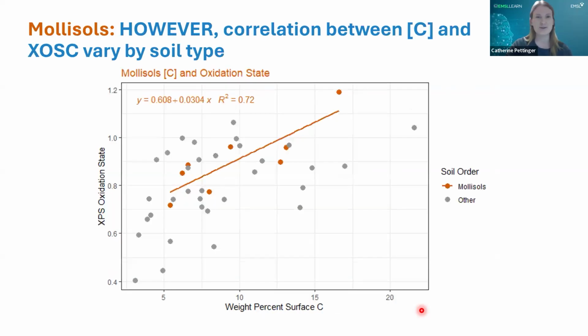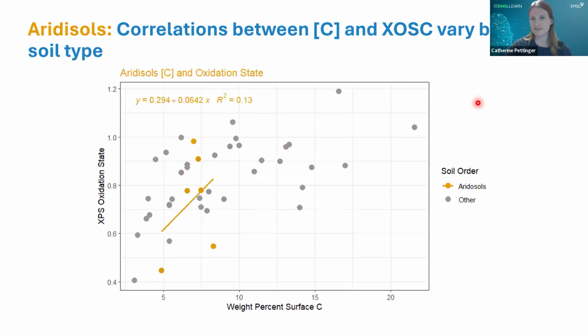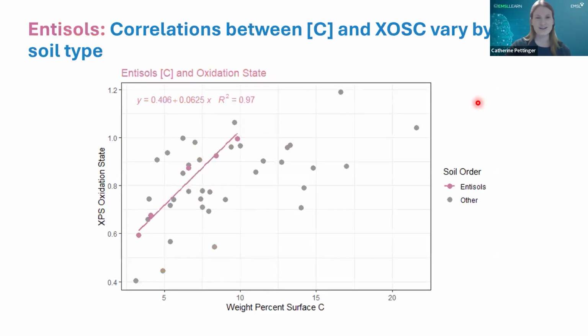However, one thing that I did note is that when we start looking at the individual soil orders, taking the subset of samples that have similar soil properties, we start to see for some of these a tighter correlation. Not for every soil sample type, though. And for one of them, we had an R-squared of 0.97.